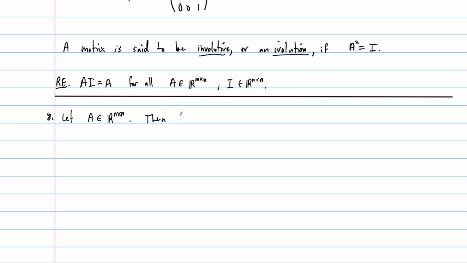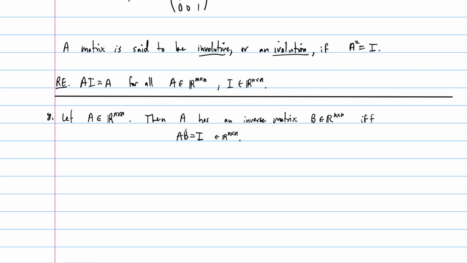So then A has an inverse matrix B in the same space, so also in R^(n×n), if and only if A times B is equal to I. Again, in the same space.